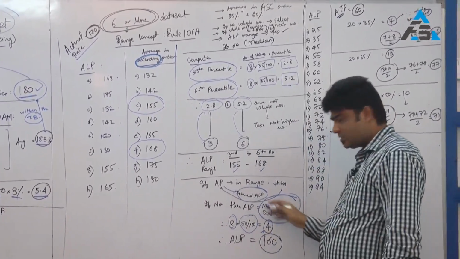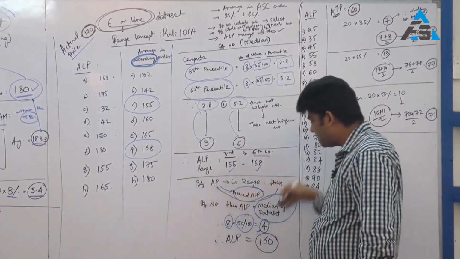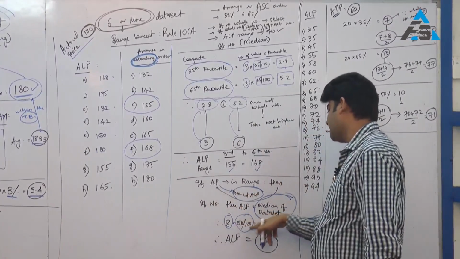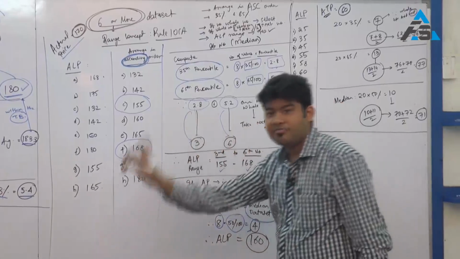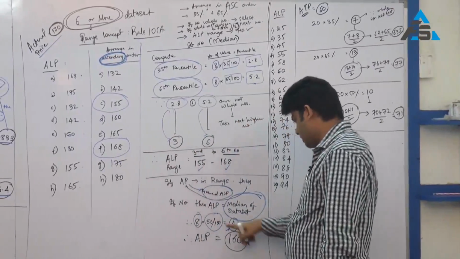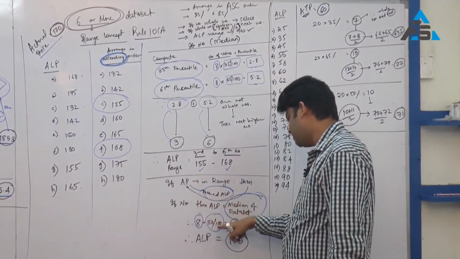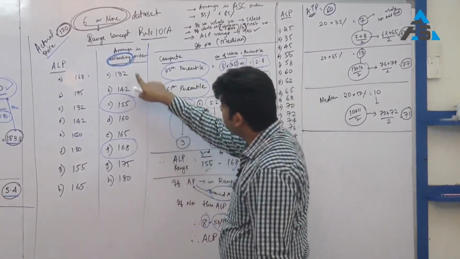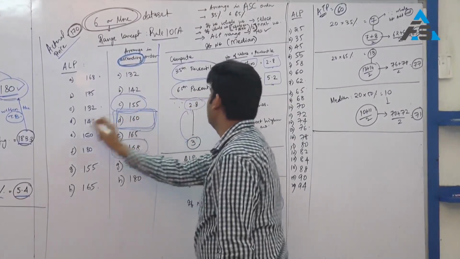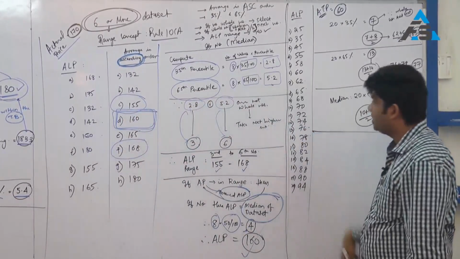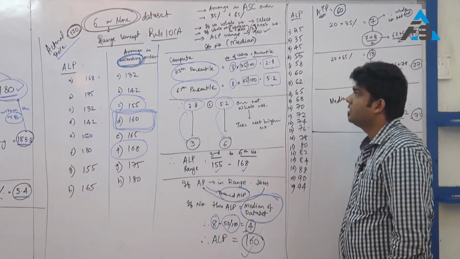If this was not 4, say it was 9, then 9 into 50 by 100 works out to 4.5. 4.5 we will not consider, we will consider 5, the next whole number. So here 8 into 50 by 100 is 4, we go to 1, 2, 3, 4, and this will be my final ALP, and 160 is the answer that I get.